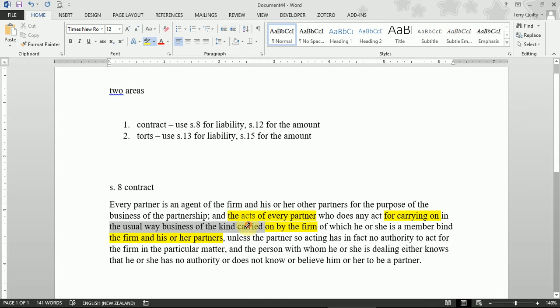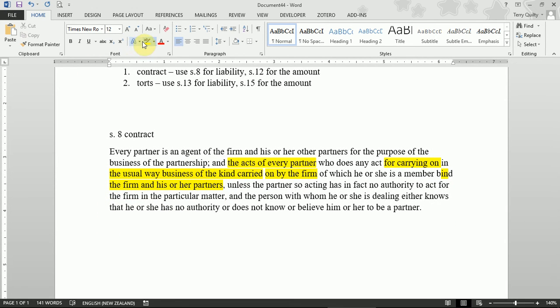The acts of every partner carrying on in the usual way of business of the kind carried on by the firm bind the firm and its co-partners. So what we're talking about here is any action, any contract, which is of the usual way of business.